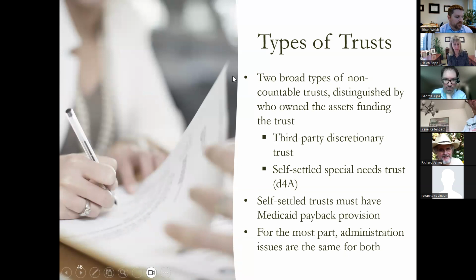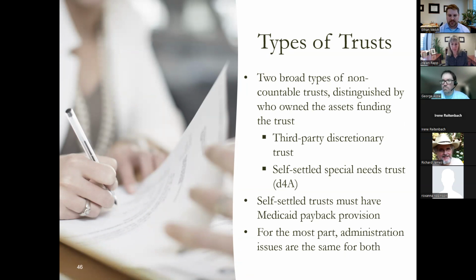So we have this next topic. We have 4 minutes left, but I'm just going to go over the trusts that we use very quickly. Essentially, in the broadest sense, the two trusts that we use are a third-party trust and a self-settled first-party trust.